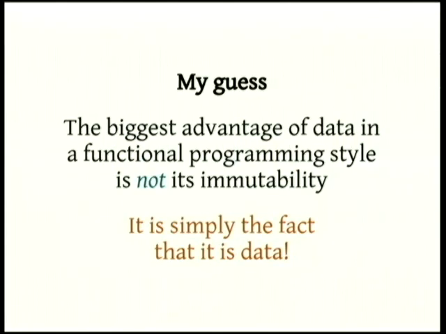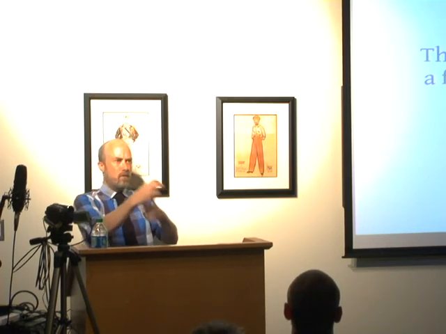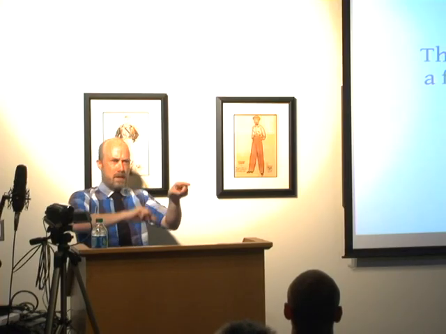I'm going to make the argument that it is not immutability that makes the functional programming language so clean, or it's not the only thing. My guess is that the biggest advantage of data in a functional programming style isn't its immutability. It is simply the fact that it's data. With data structures, you can see them, you can reason about them. Unlike a moving process that you're worried about whether it's spinning off consequences in the right order, a data structure is just something you can look at and understand.